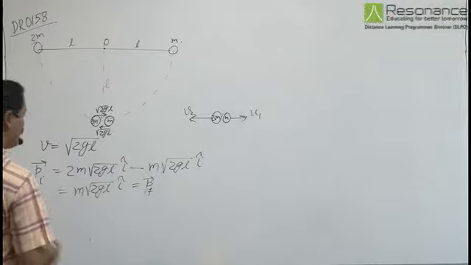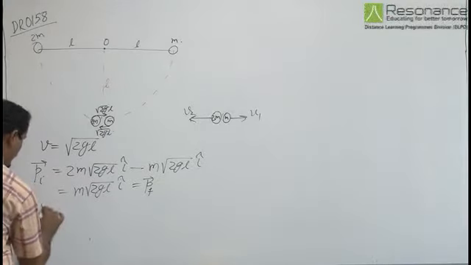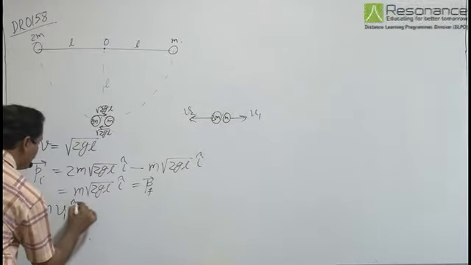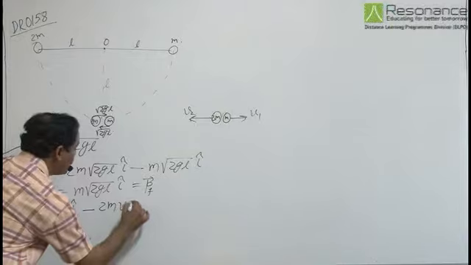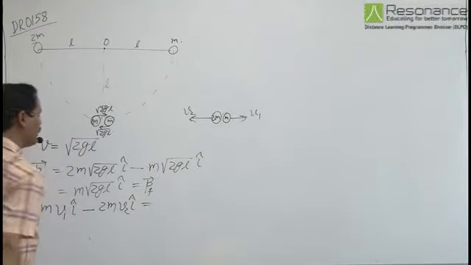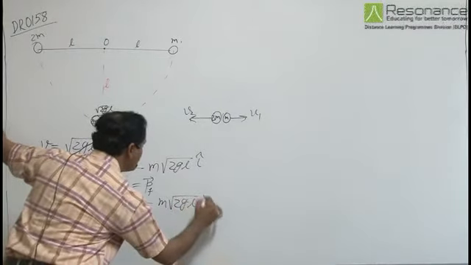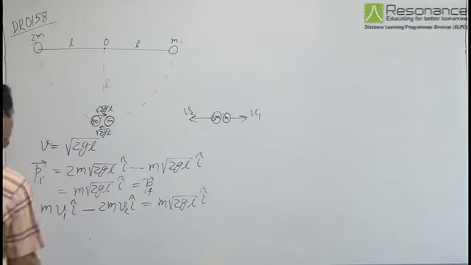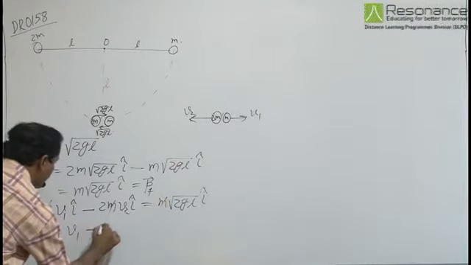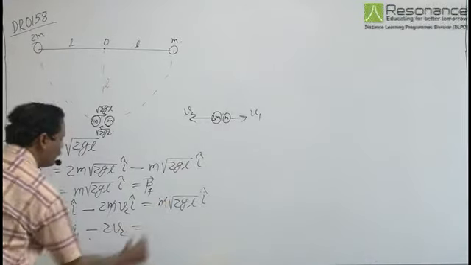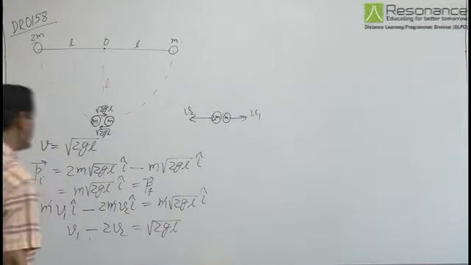So here from conservation of momentum, we can write m v1 i cap minus 2m v2 i cap is equal to m root 2gL i cap. Or here from we can write v1 minus 2v2 is equal to under root 2gL.